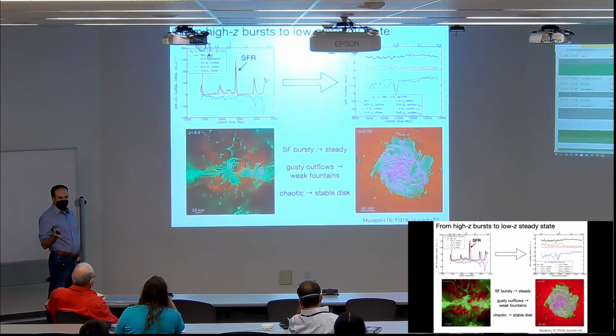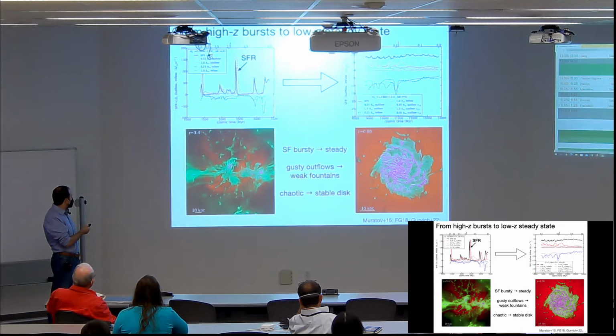So a bit more quantitatively, these are quantitative plots for the same simulated galaxy as on the previous slide. The top shows you in black the star formation rate as a function of time from redshift 4.5 to redshift 2, and you can see these spikes that reflect the burstiness of star formation in this early regime.